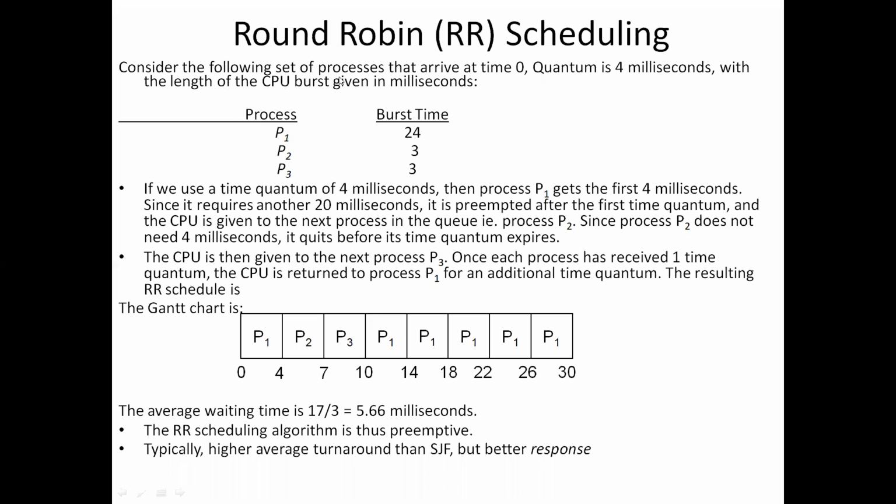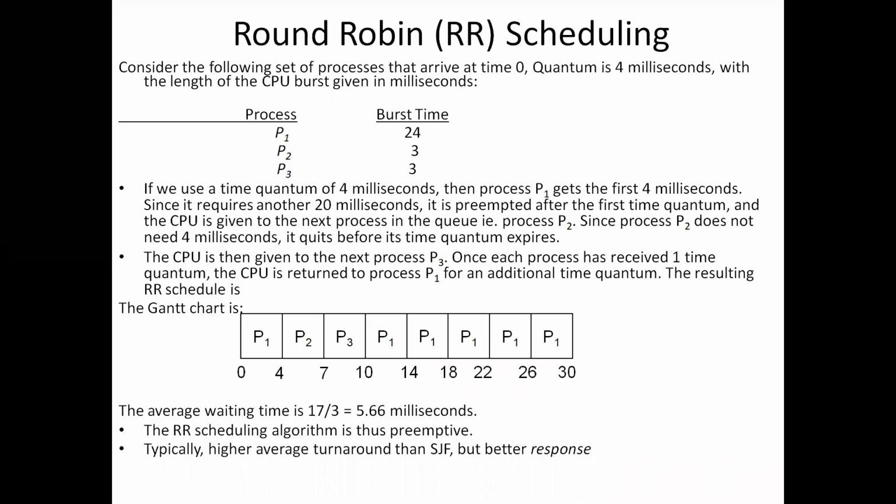Consider the following set of processes that arrive at time 0, and the quantum is 4 milliseconds. We are defining the time slice as 4 milliseconds. That means every process should run for 4 milliseconds, and then another process should get executed.